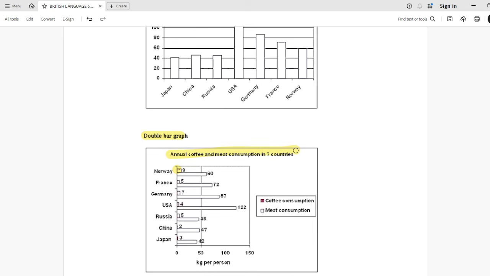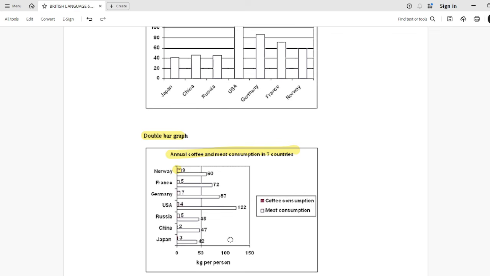So these are the names of the countries. So you will write down the given double bar graph represents the information or provides the information about coffee consumption and meat consumption among 7 different countries.